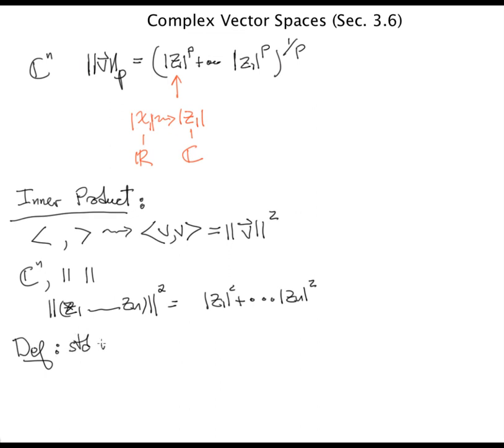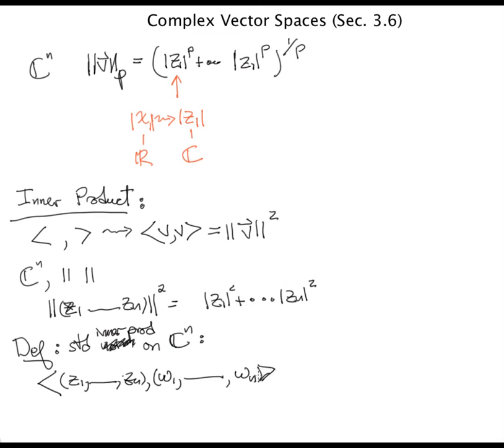The standard inner product on Cn is the following. You define the inner product of z1 through zn with w1 through wn.